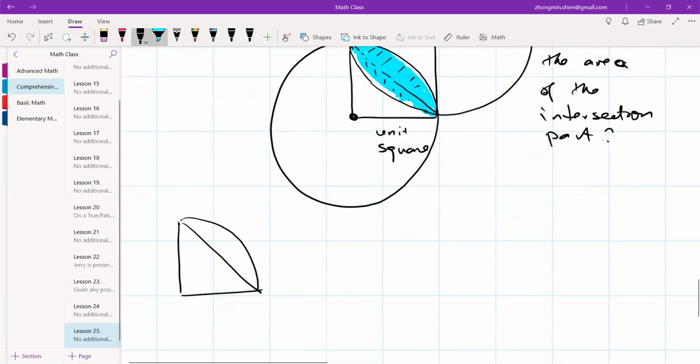If you are able to find the area of this, and then multiply by 2, you can get that, right? So the radius is going to be what? How do you find the area of this segment? There's no direct formula.